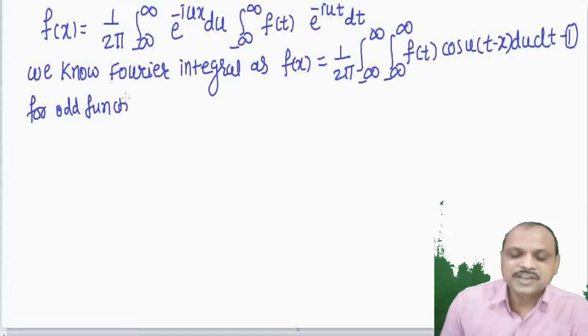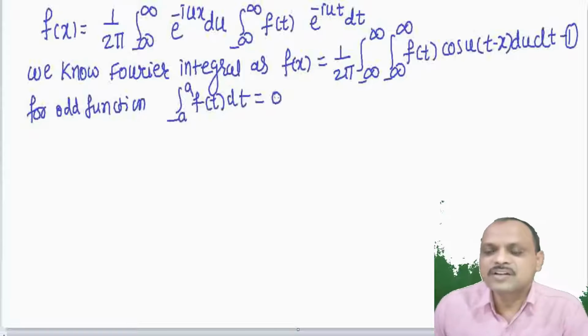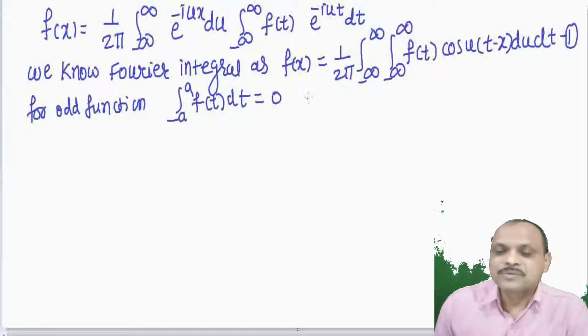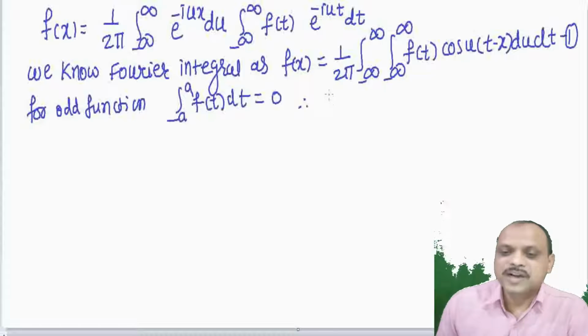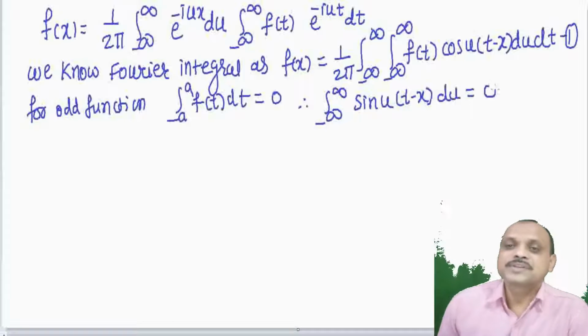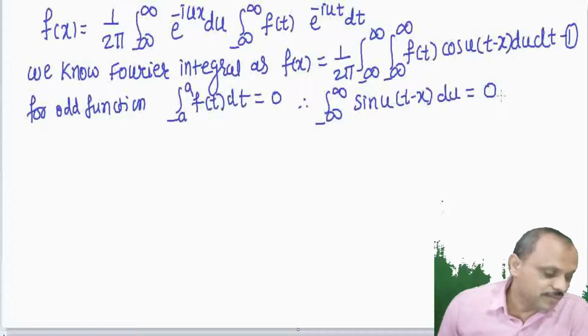when we take integration minus a to a f of t into dt, it is equal to 0 when f is an odd function, and we know that the sine function is an odd function. Therefore integration minus infinity to plus infinity sine of u into t minus x into du is equal to 0 since the sine function is an odd function.